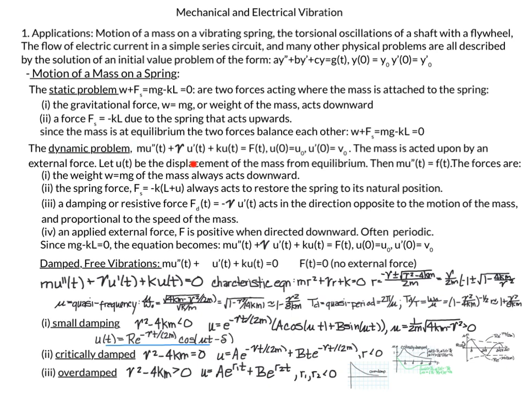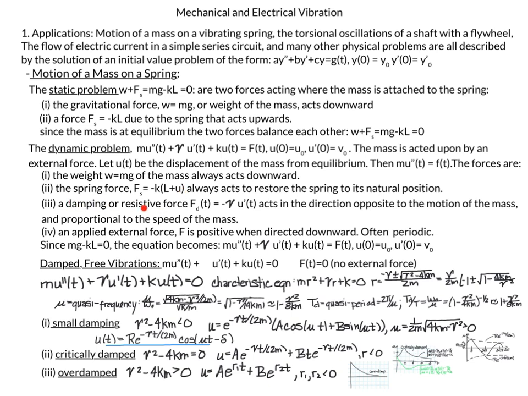Next, we looked at the dynamic problem. We let u of t be the displacement of the mass from equilibrium, and then we said that the forces, using Newton's second law, would equal the mass times acceleration. And the forces included, again, the weight of the mass acting downwards and the spring force. Now it was equal to minus k, the spring constant, times the total displacement, L plus u.